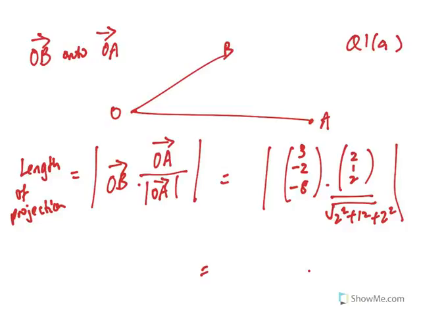What is 2 squared plus 1 squared plus 2 squared? It's square root 9. So you just put 1 over 3 outside. Then after that, the dot product: 3 times 2, negative 2, 1, negative 2, 8. You share 1/3 of negative 12.